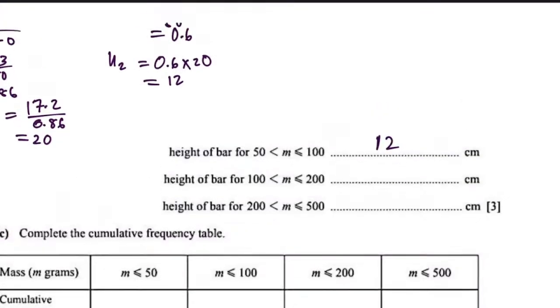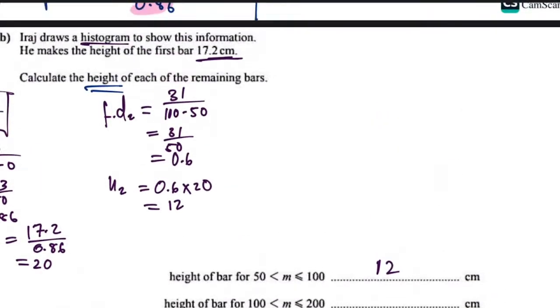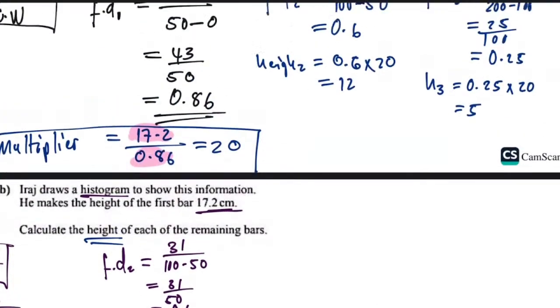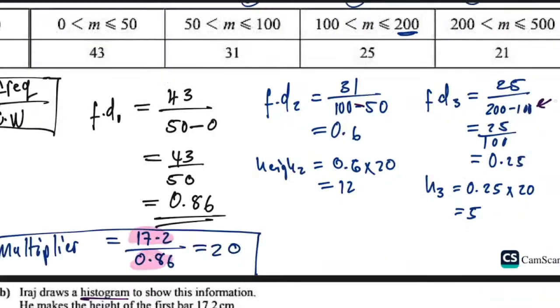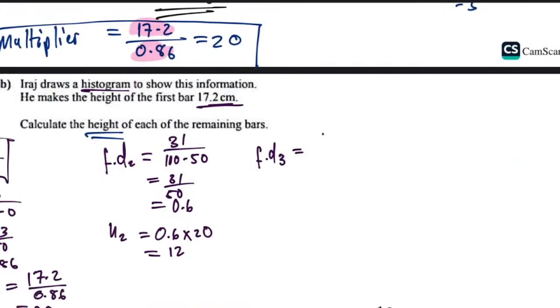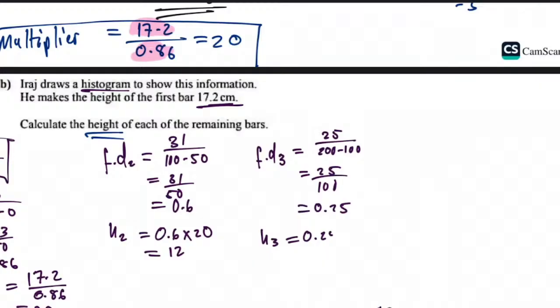And then for the third one, we found it already. The frequency density for the third one is 25 over 200 minus 100, which is 25 over 100, which is 0.25. The height for the third one is 0.25 times 20, which we got as 5.